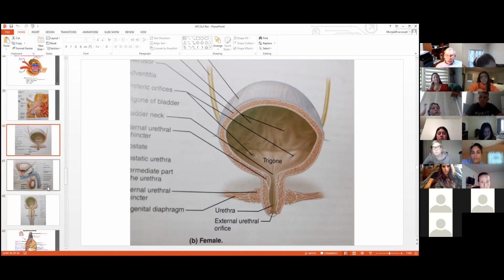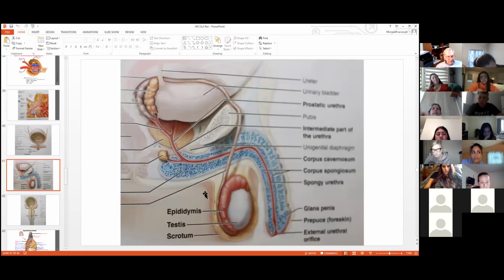Moving on to the testes. The testes are the male reproductive organ. The testes produce androgens. Androgens are the male hormones. Testosterone is the most common one.